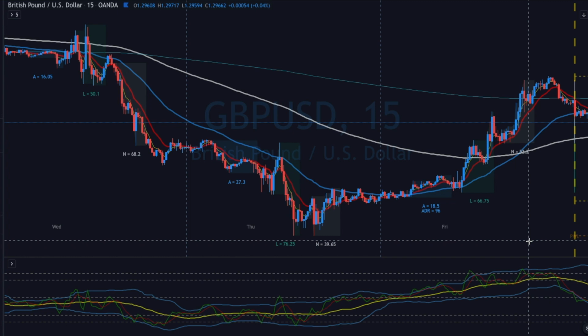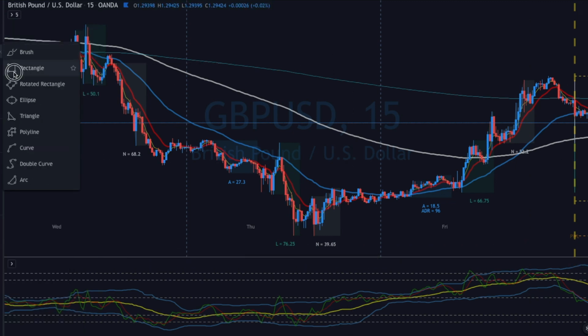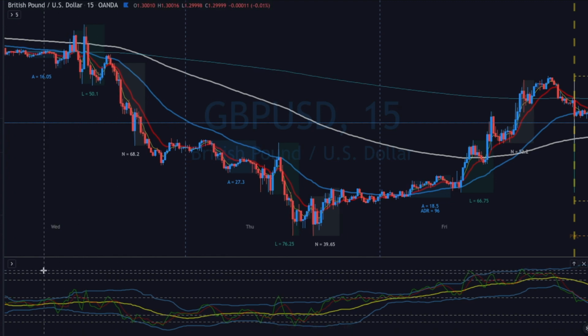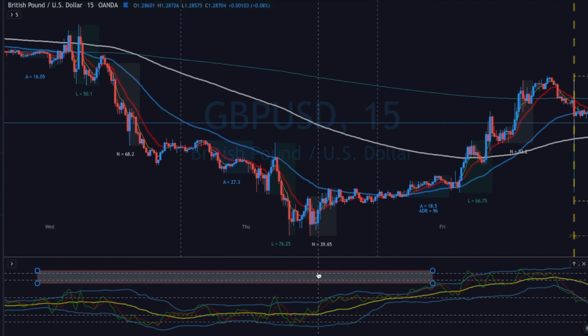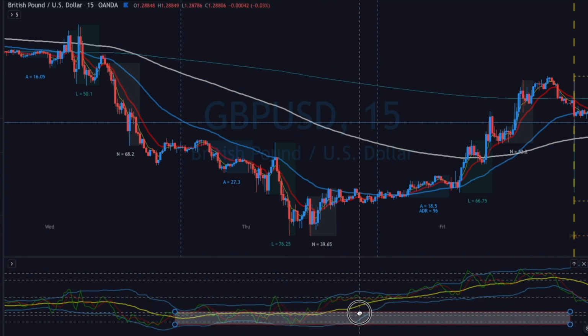First things first, this range down here, this entire range with these two lines, the 68 and the 63, is what we're going to call our sell zone. Then down at the very bottom, these two lines, the 32 and the 37, are going to be our buy zone.